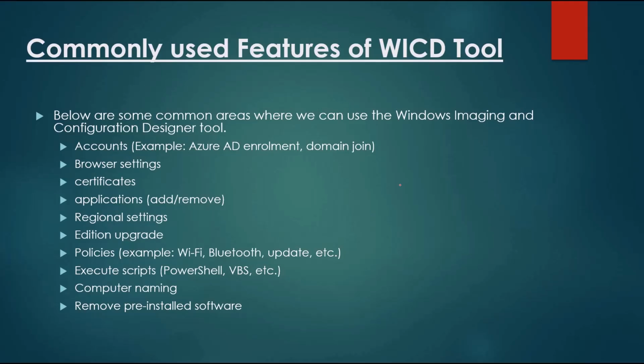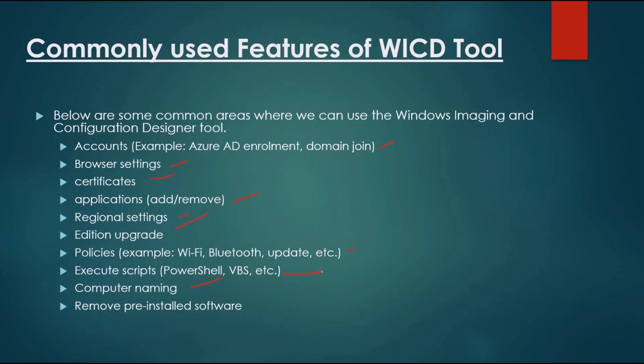These are some commonly used features of Windows Configuration Designer which can be used with Intune. For example, we can set accounts, browsers or certificates, add applications in the package, regional settings, edition upgrades, any kind of policies enabling or disabling anything in the device, rename the computer, and execute script.